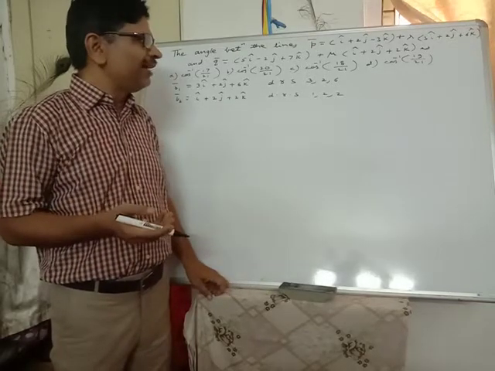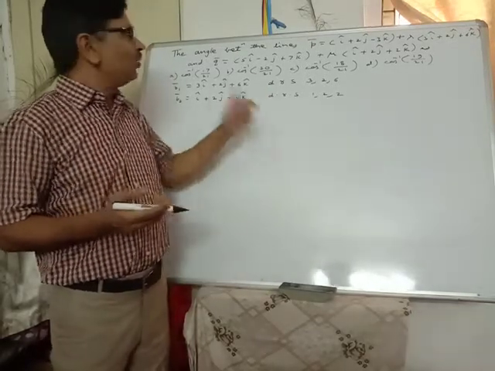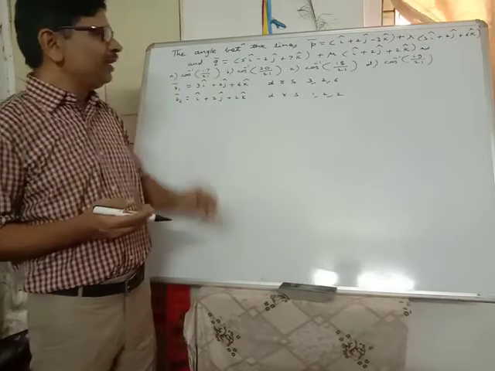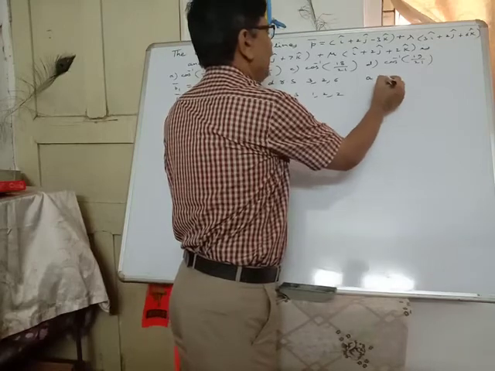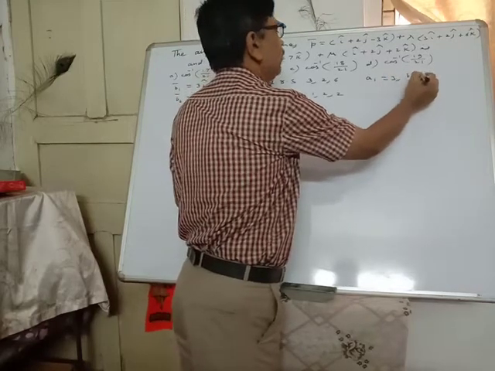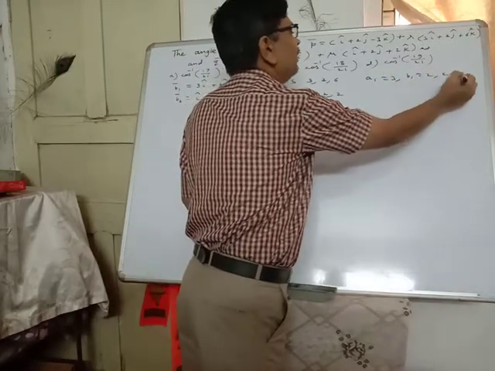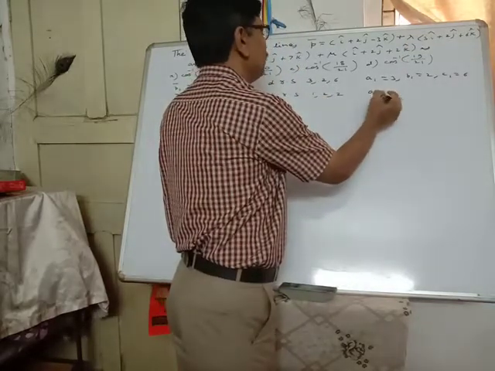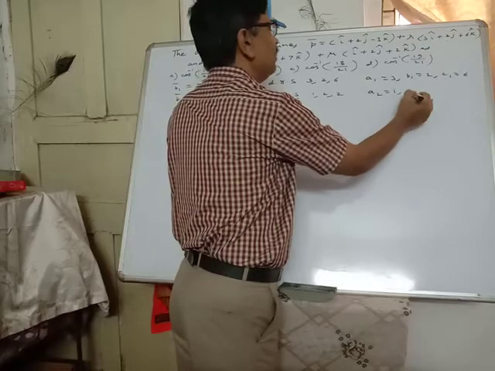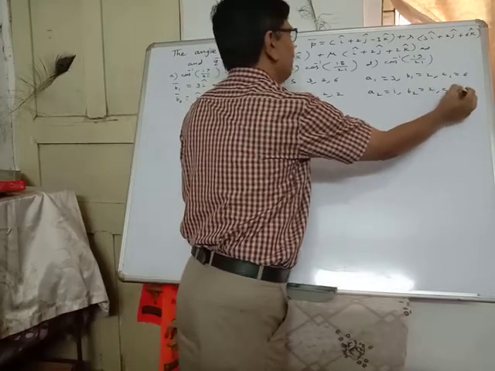We can find the acute angle or angle between two lines. a1 3, b1 2, c1 6. For the second line, direction ratios we shall denote a2 1, b2 2, c2 2.